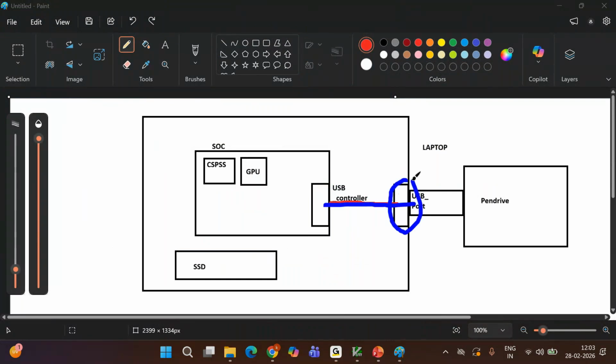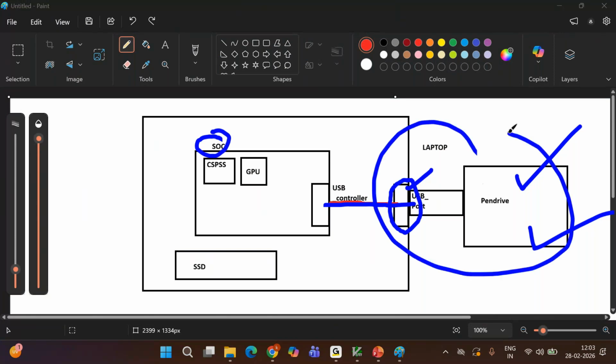Using the port, there might be a pen drive, there might be a printer, etc. So for the data communication to happen from the SoC to the peripheral, we use a USB controller. This USB controller is nothing but a design. It's a module. It's a block which is written using Verilog.